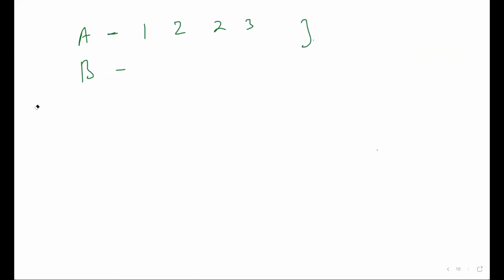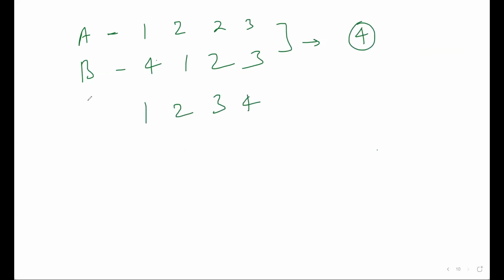Suppose I have elements like 4, 1, 2, 3. If this is my array, in this case also the minimum number of operations is going to be 4 only. In case of this array also, if my B is like this, then also the number of operations is going to be 4 only. If I have 2, 1, 3, 4, in this case also the number of operations is going to be 4 only.